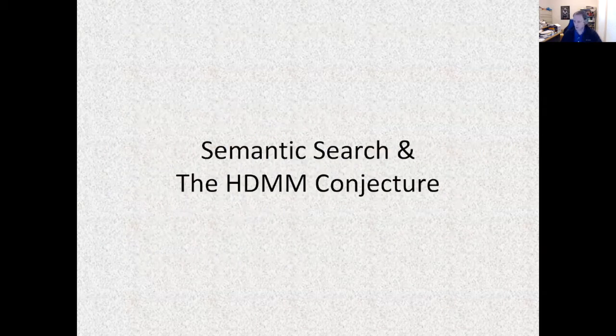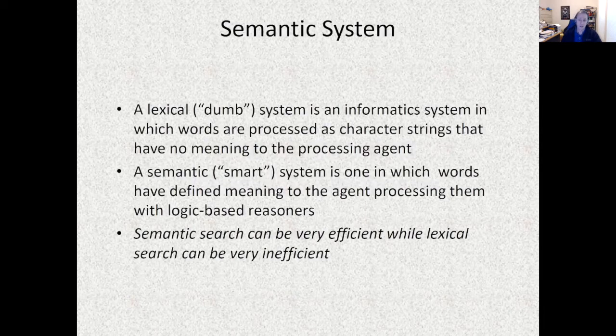So let me go on to some concluding remarks about semantic search and the HDMM conjecture, which again comes from the HDMM architectural style. Brief review of how I'm using terminology here.